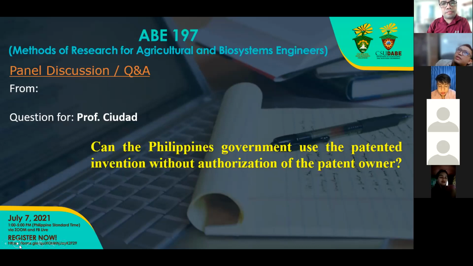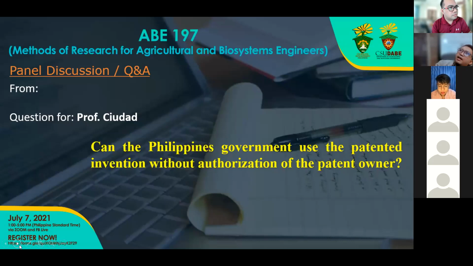For example, there is a technology developed by someone and there's a pandemic. At first the technology was utilized by the patent owner for business.